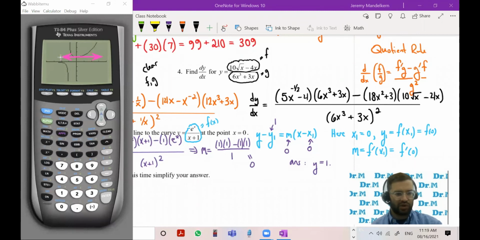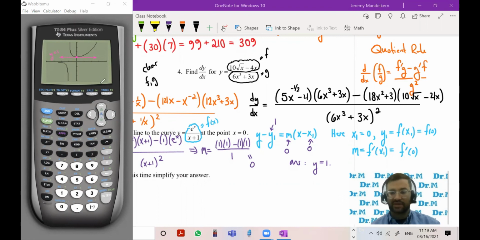So I can draw that tangent line right there, in a thinner line. There is our horizontal tangent line, y is equal to 1. The tangent line indeed looks like it's just glancing the graph at the point (0, 1). Okay, so that is confirming the work we did.